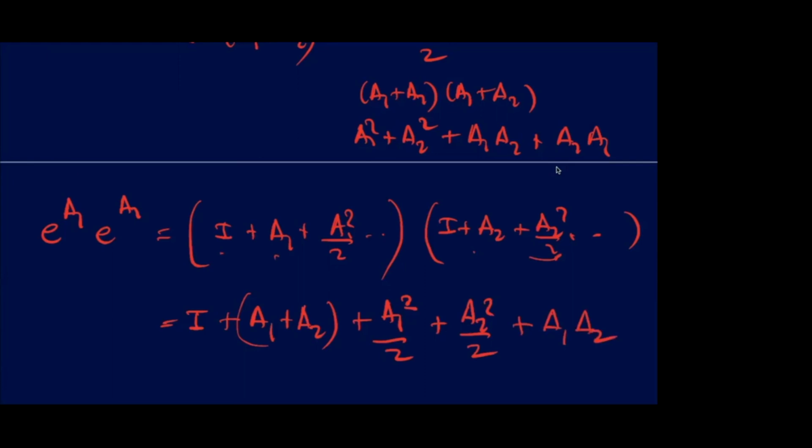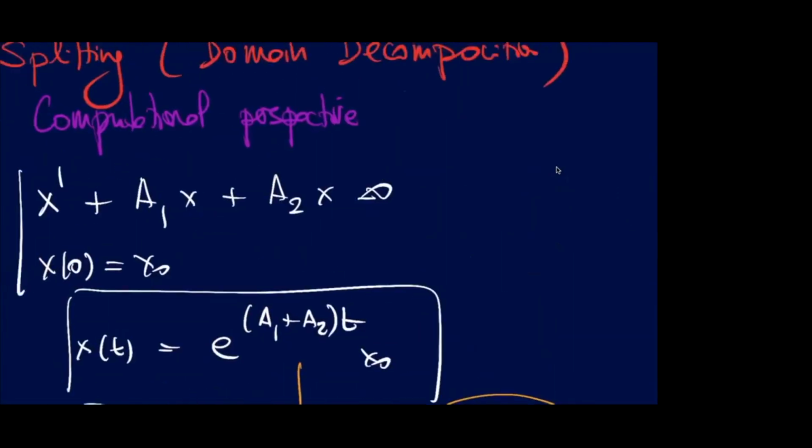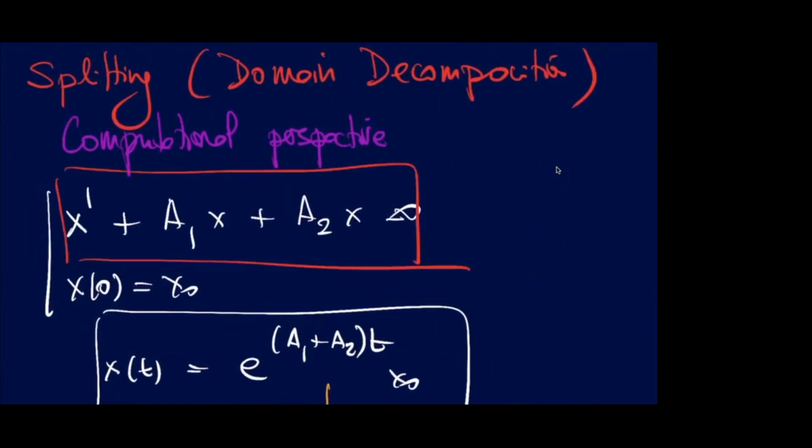I get A1, A2. But what happens then? I never get A2, A1, you see? This is why the two dynamics don't really coincide.